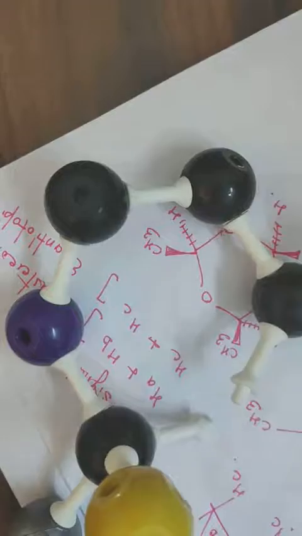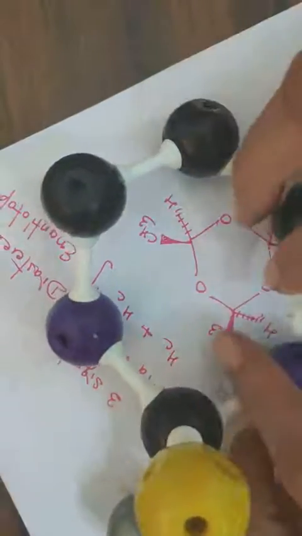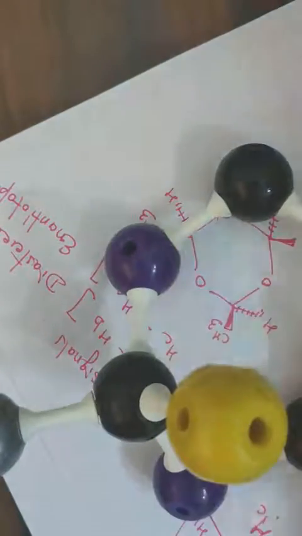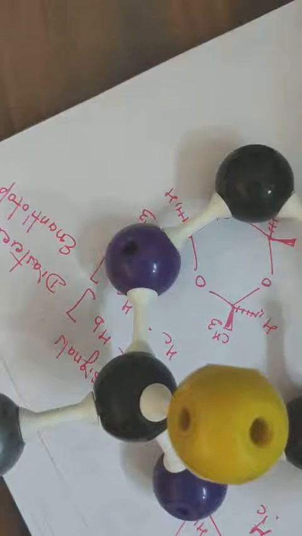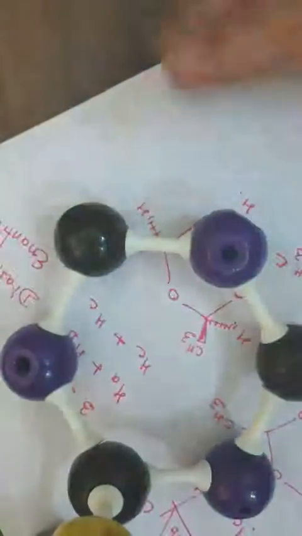So in place of this, this is oxygen, and at this position also we have a different atom, that is oxygen. So you have a molecule like this.